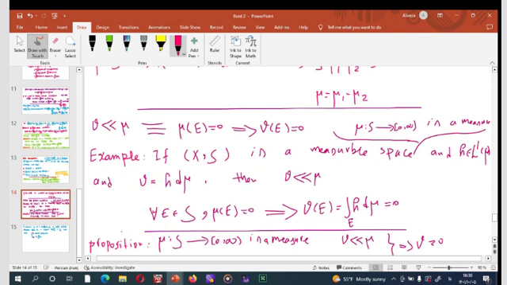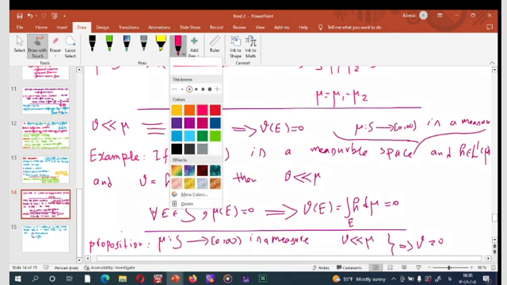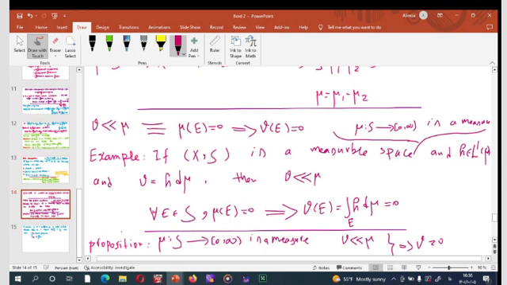You can denote this measure with h d mu.